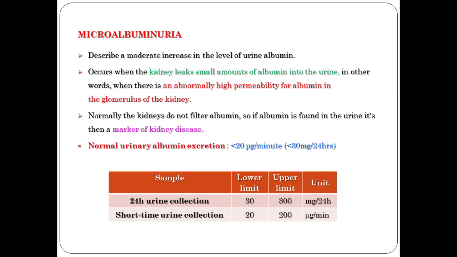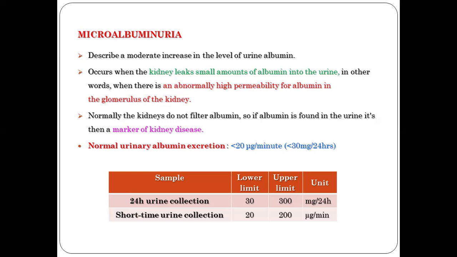So normal urinary albumin excretion is less than 20 microgram per minute or less than 30 mg per 24 hours. Less than 30 mg, that is normal. If it is 30 to 300 mg per 24 hours, that is microalbuminuria.